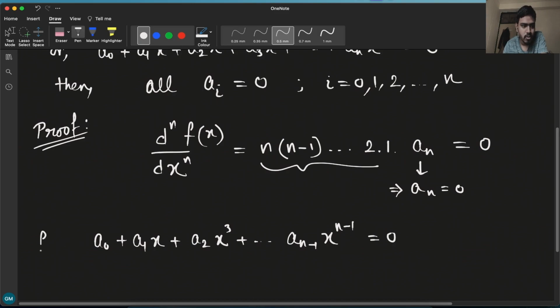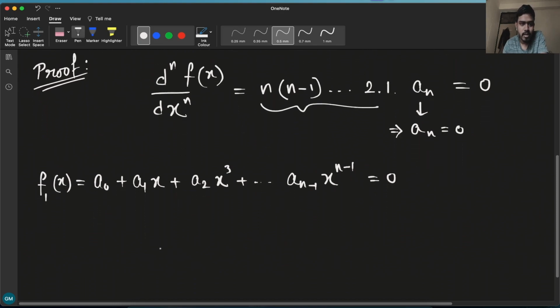So now this is our new f of x, or rather call it f1 of x. Now again you take the n minus 1th derivative of f1 of x.